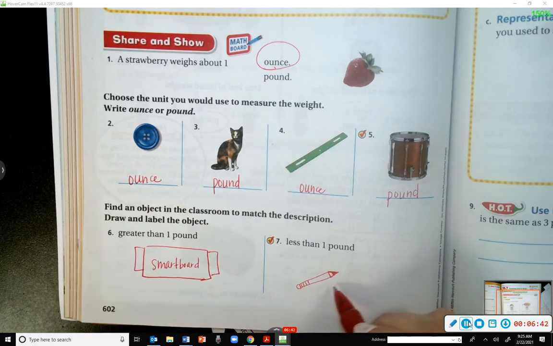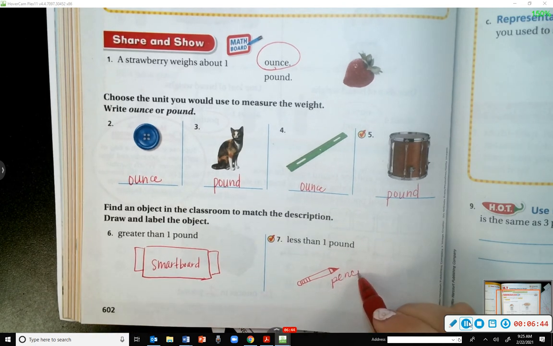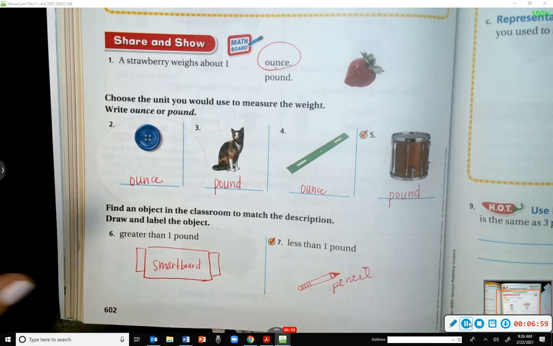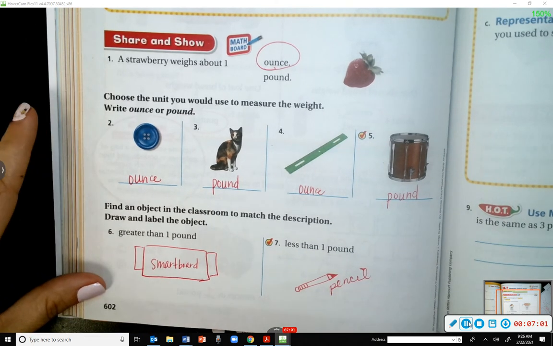A pencil would definitely weigh less than a pound. A mask, yes. A piece of paper for sure weighs less than a pound. Good. Okay, let's flip the page.